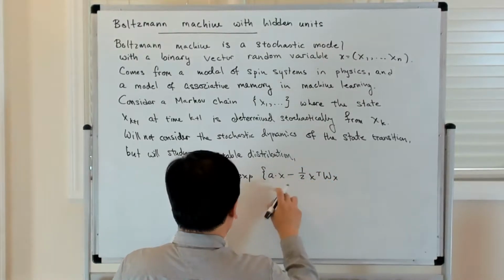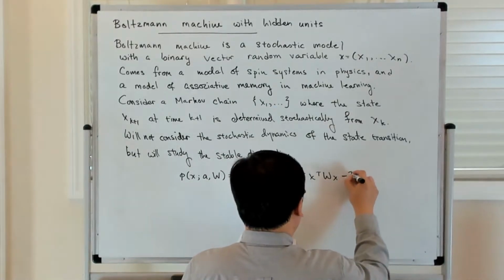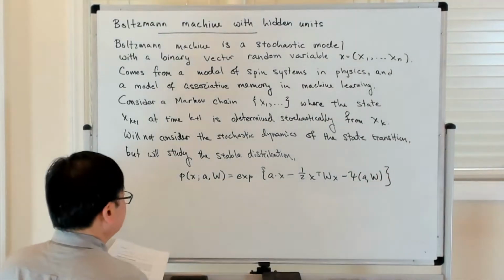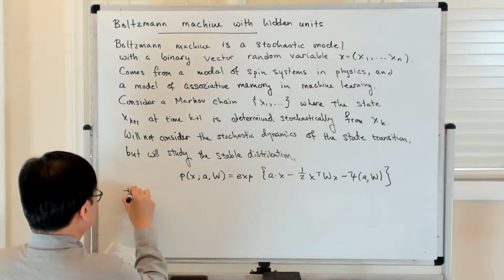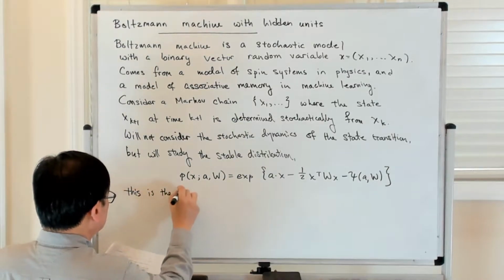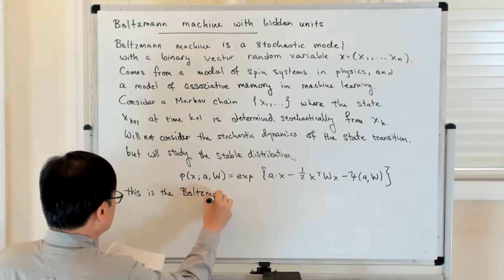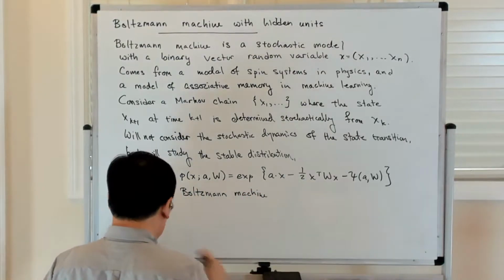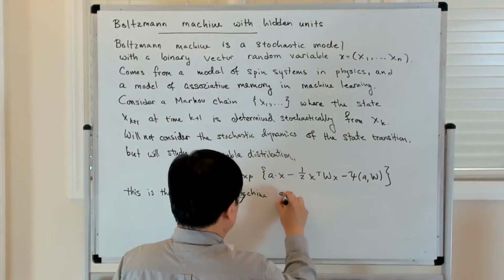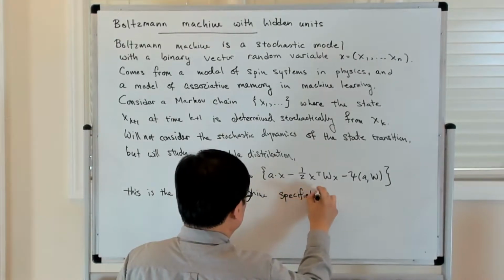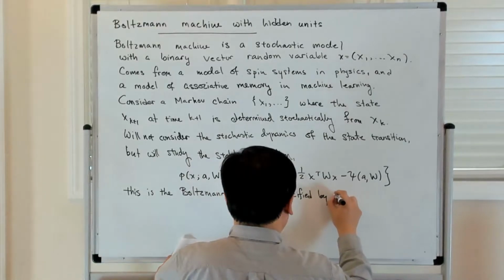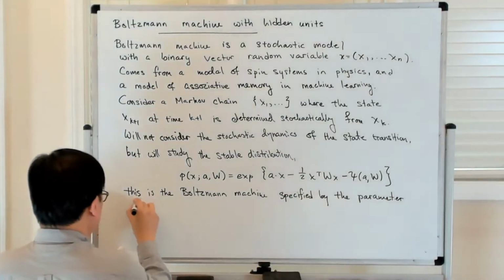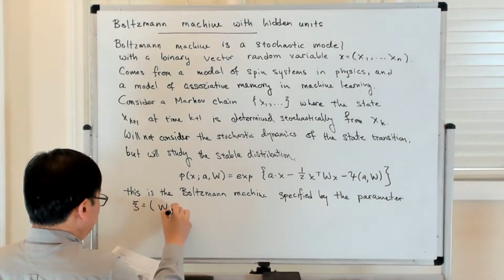That's a quadratic term, and then there's a linear term, minus phi of A and W. So this is called the Boltzmann machine, and it is specified by these parameters, W and A.